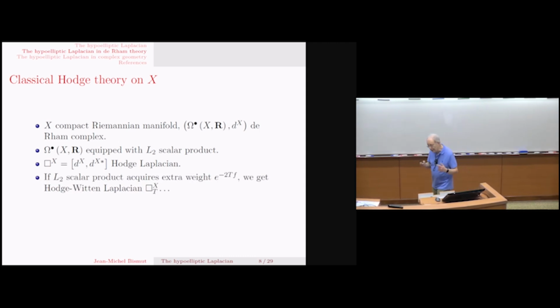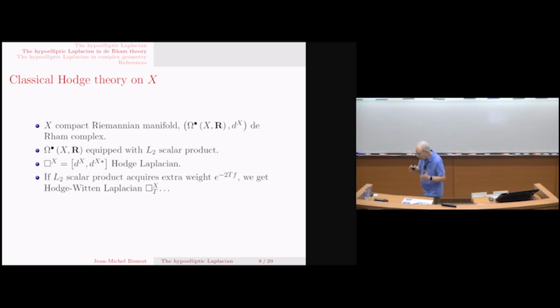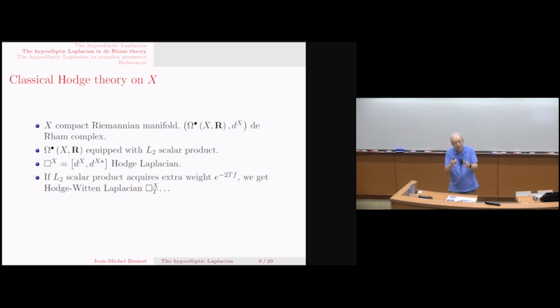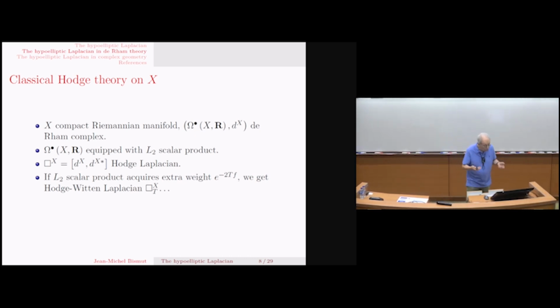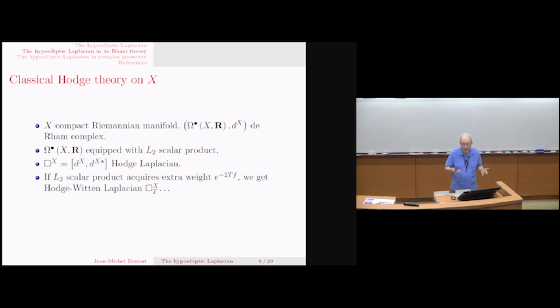Actually, if you modify the L2 product, by changing the volume form, simply by scaling the volume form by e to the minus 2tf, where f is a function, then you get a new Hodge theory that's actually the Hodge-Witten Laplacian.